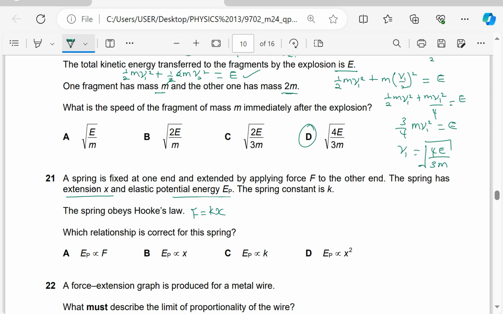Remember, elastic potential energy is equal to a half F times x, which is a half, where there is F, I'm putting kx, then again times x. So it becomes a half kx squared. In other words, elastic potential energy is directly proportional to x squared, which means our answer is going to be D.